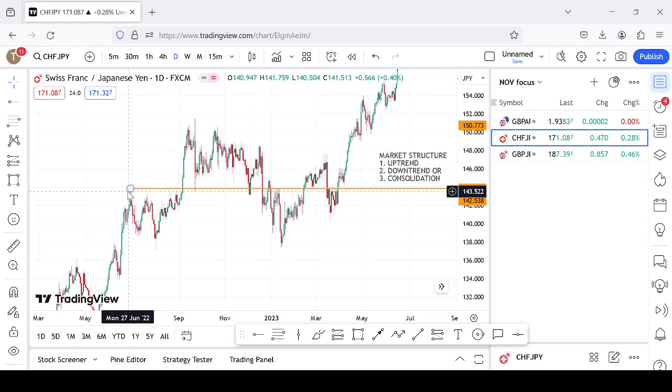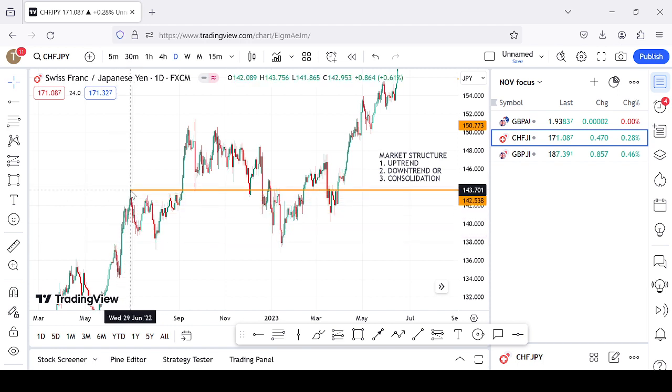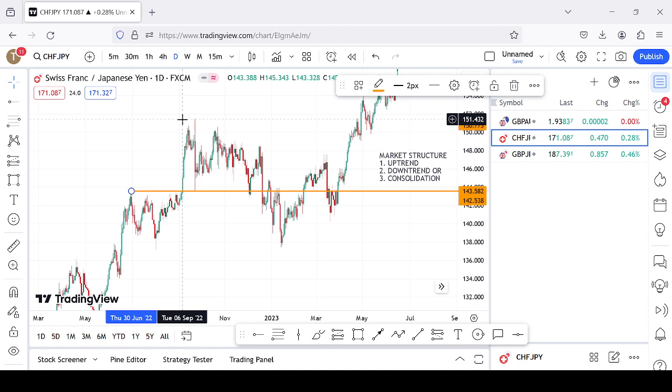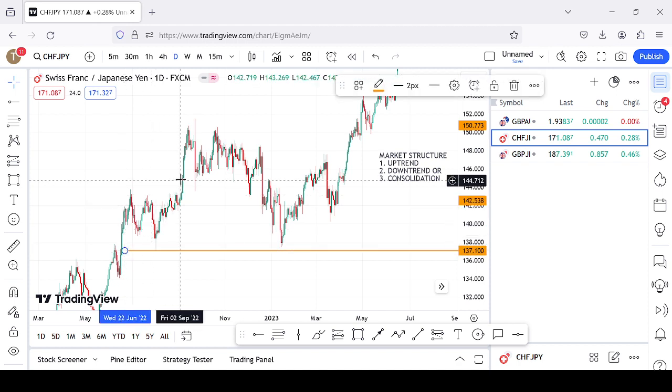Now, this is the lowest. It has never broken out of this high, this one. So the most significant support area is this because it broke out, but it never broke out of this.